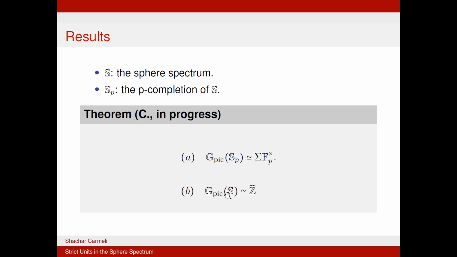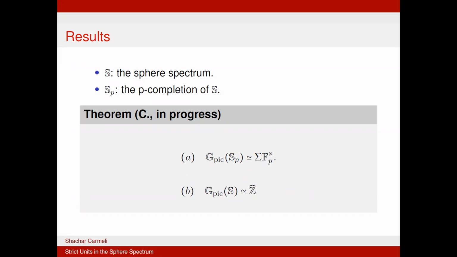And the strict Picard spectrum of the sphere is a discrete spectrum Z hat, where Z hat is the profinite completion of the integers. So it has no higher homotopy groups, and pi0 is the profinite completion of Z. So this is what I want to explain today. I will discuss these results in detail and why they're true, and maybe then also some generalizations.